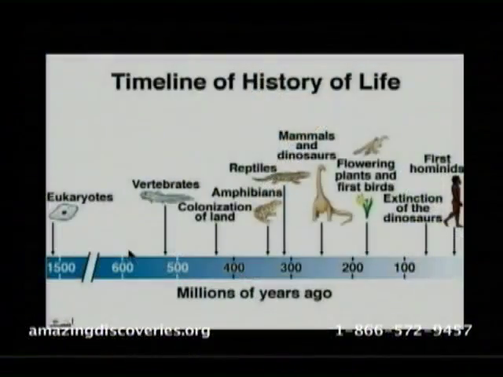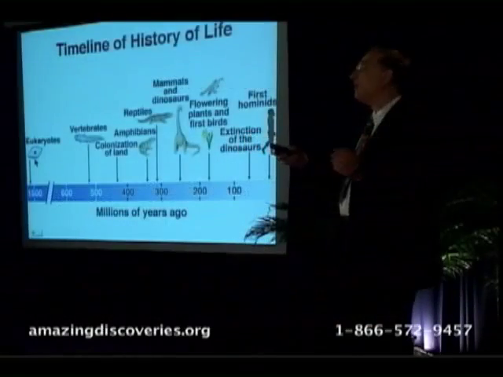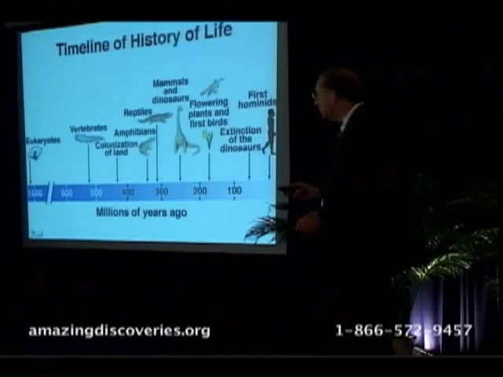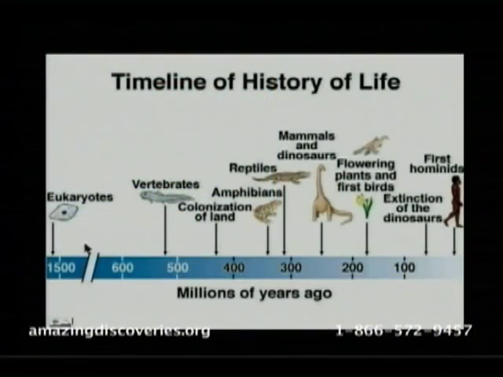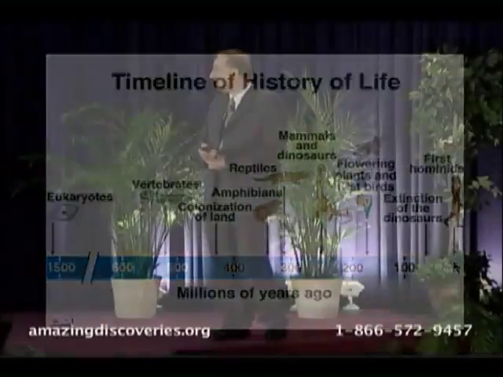And basically, the theory goes that the eukaryotes, that's the unicellular organisms, from the simpler ones to the ones that have a nucleus like we have, they evolved over millions of years, and then from some 600 million years ago, suddenly we have this tremendous record of life on Earth, starting with all these creatures through time until we get to the hominids in the later periods of this development.